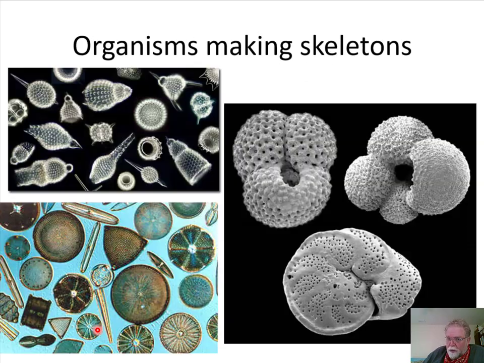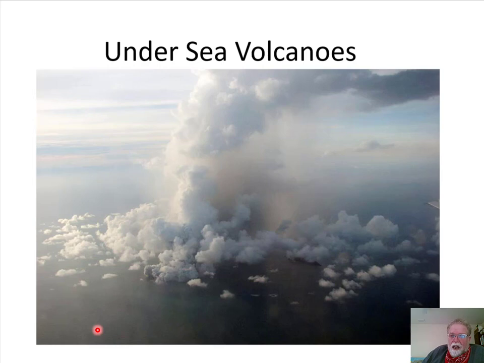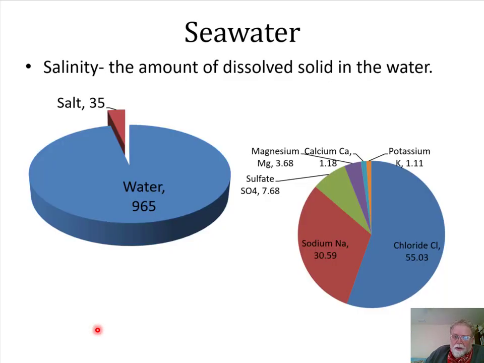We're putting about 2.5 billion tons per year of chemicals into the world's oceans. But here's the thing, right? The salinity is 35 parts per thousand, 35 grams of salt per kilogram of seawater.